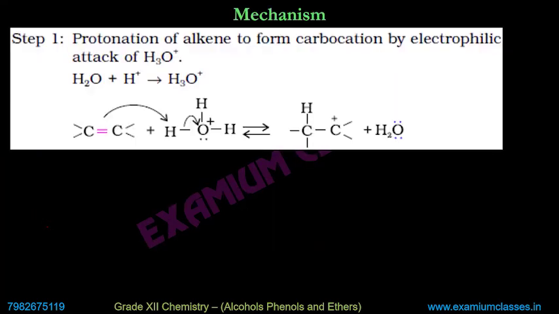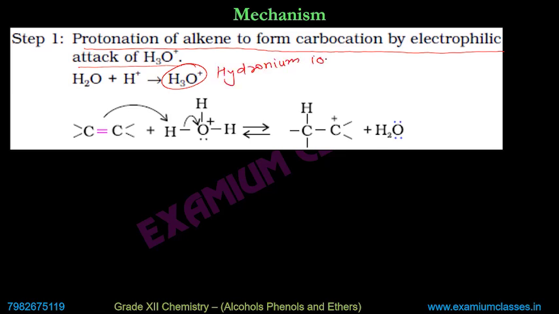Now, what is the mechanism here? The protonation of alkene to form carbocation by electrophilic attack of H3O plus, because water, H2O, exists as hydronium ion. This hydronium ion has positive charge on oxygen.